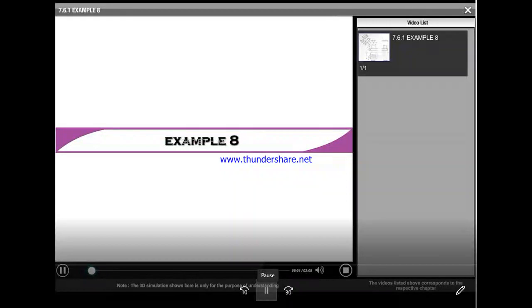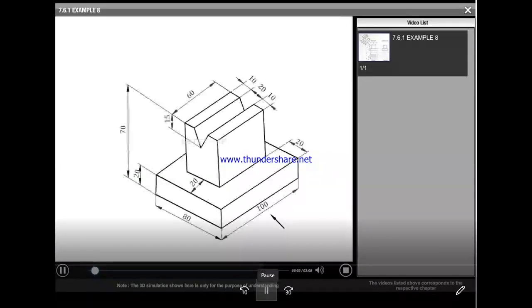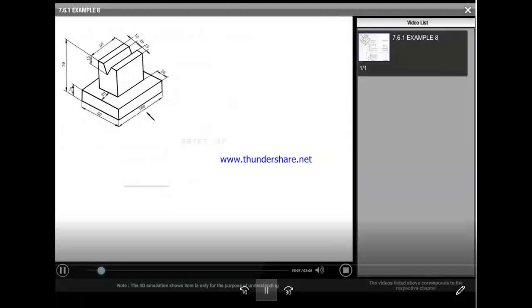Example problem 8. In this problem, we have to draw the front view, top view and left side view of the object. First, completely draw the front view of the object.